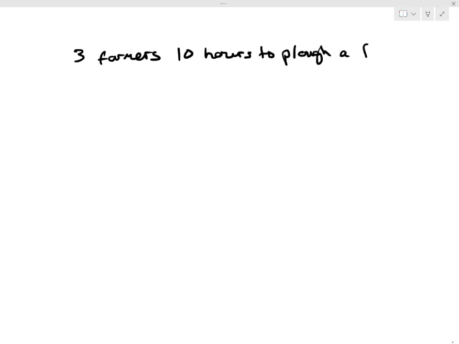Right, so now we've got some inverse proportion. So it takes 3 farmers, two wordy questions, 10 hours to plough a field. How long does it take 6 farmers?